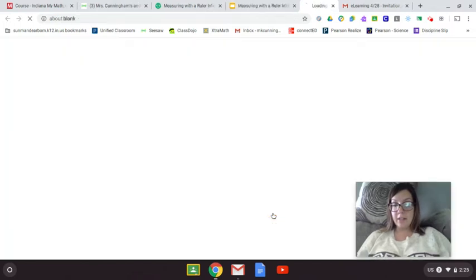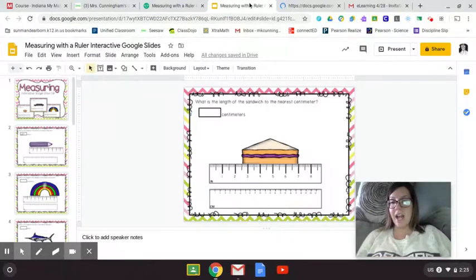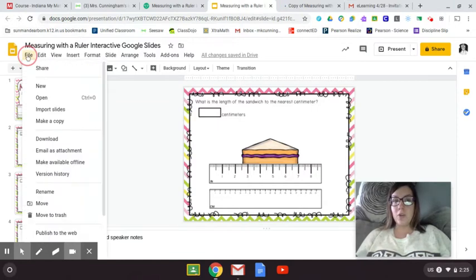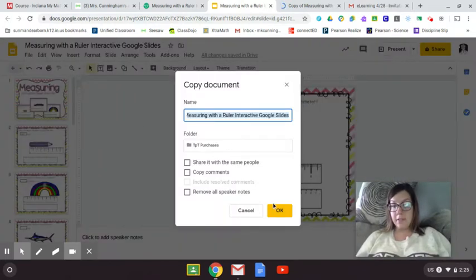Hit OK. And then this is your own copy because it's not going to let you edit it, and if I give you guys access and you edit it, then everybody's will look the same. So you guys need to go again. I'm going to do this again. You're going to do File, Make a Copy, Entire Presentation. This will pop up. You hit OK.